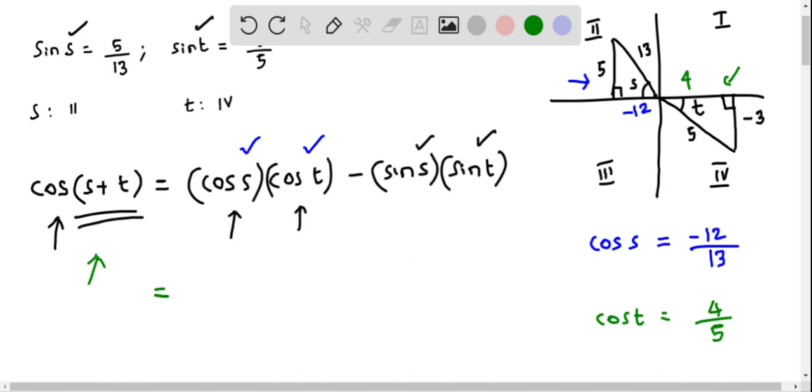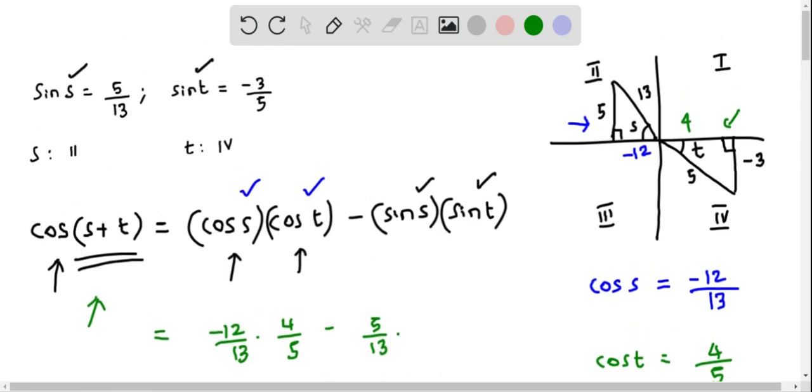So let's replace the values. Cos s is negative 12 over 13 times cos t, which is 4 over 5, minus sine s. We know this value of sine s, which is 5 by 13, and sine t is negative 3 over 5.